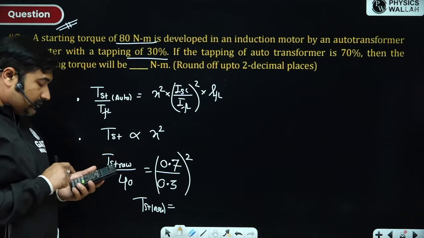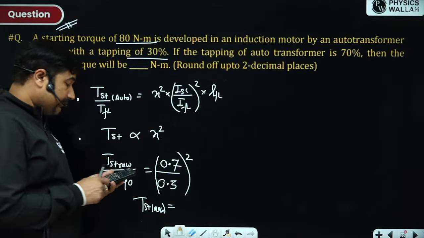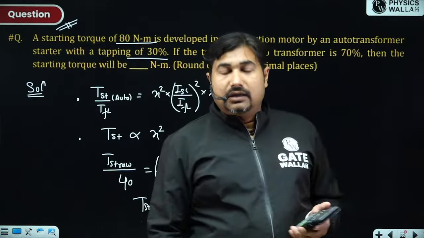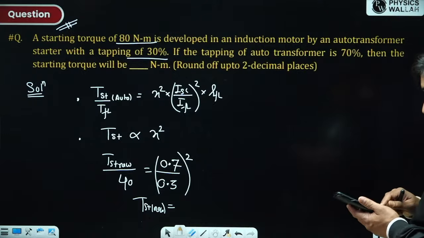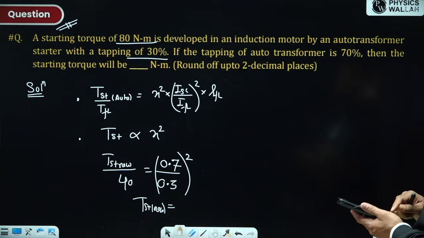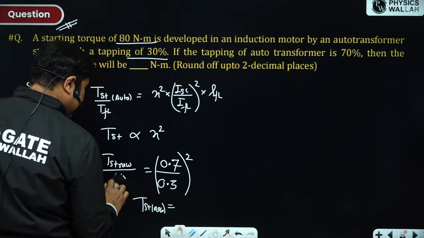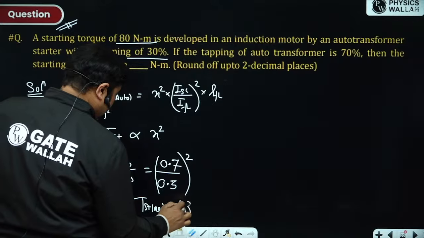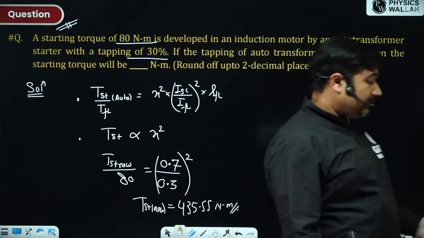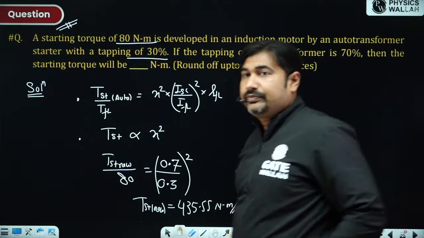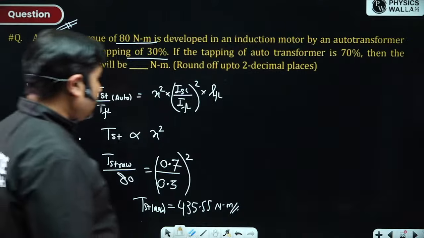So 0.7 by 0.3 square of this into 80 Newton meter. Previous is 80, na? Yes.